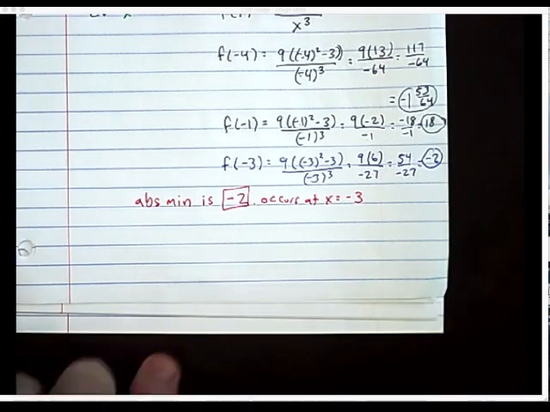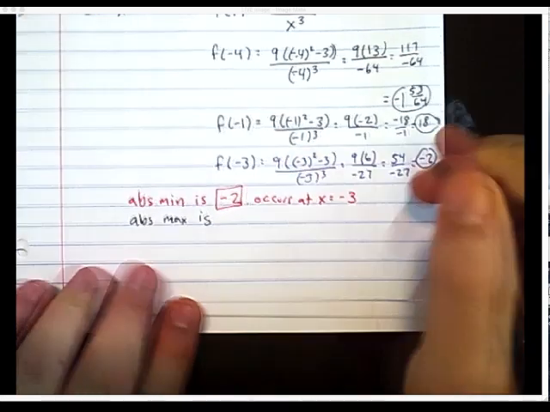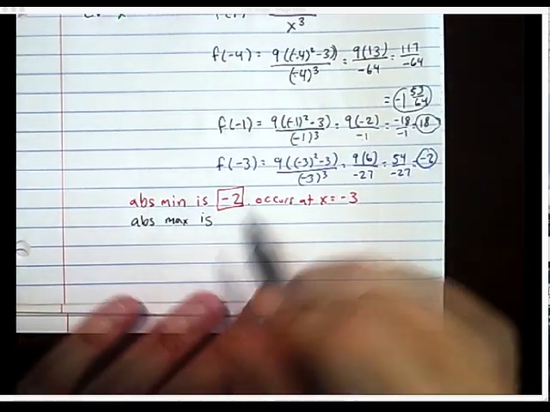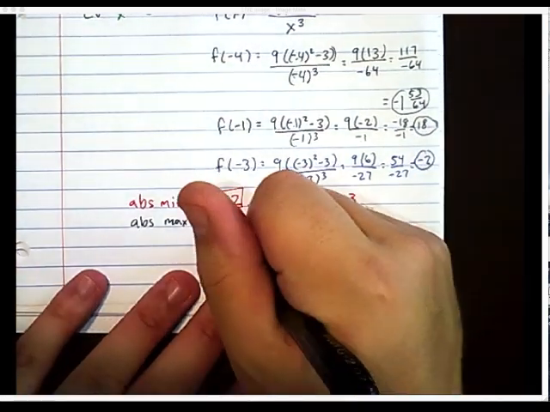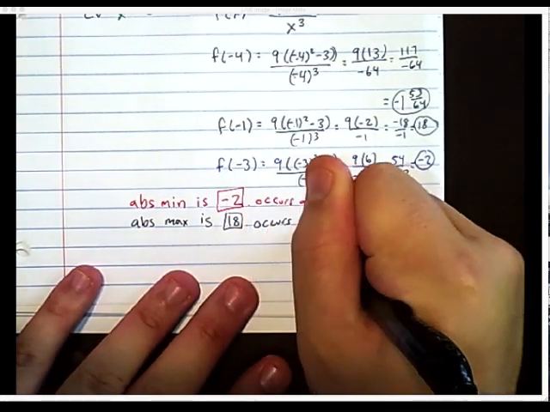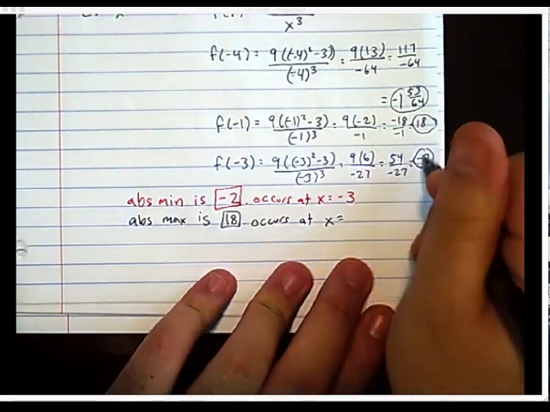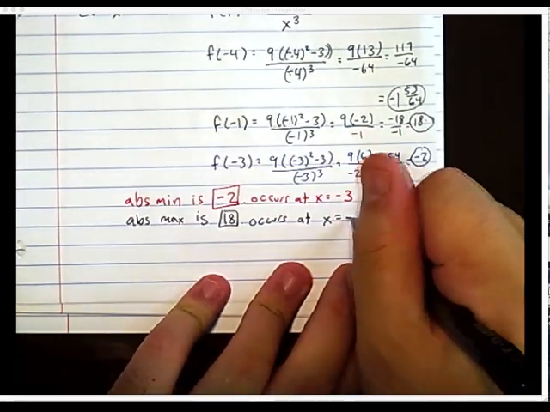The absolute maximum value is the biggest of these three numbers, and the biggest number there is 18, which occurs at an x value of negative 1.